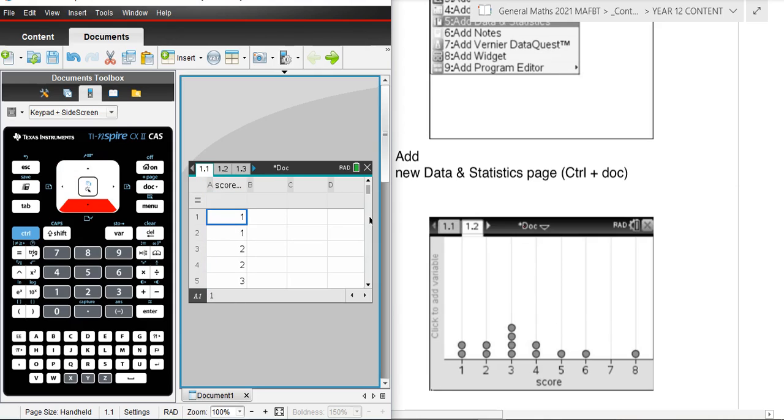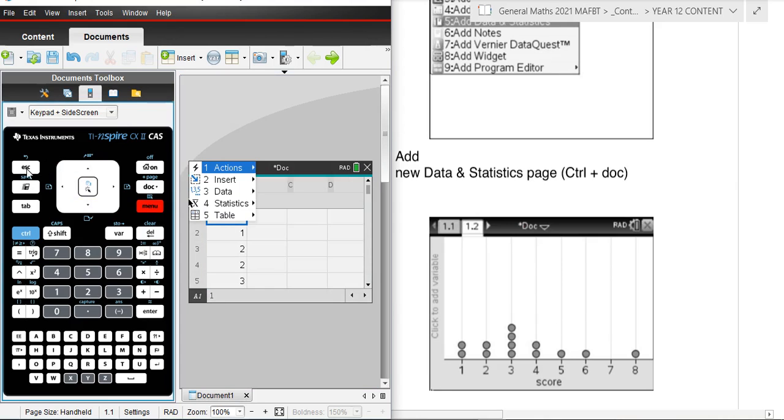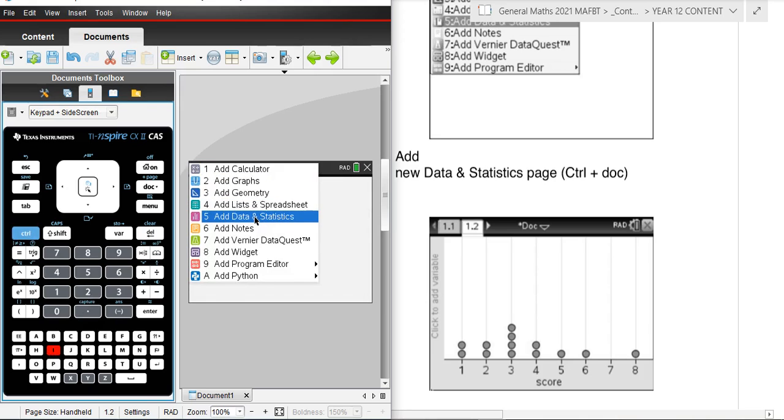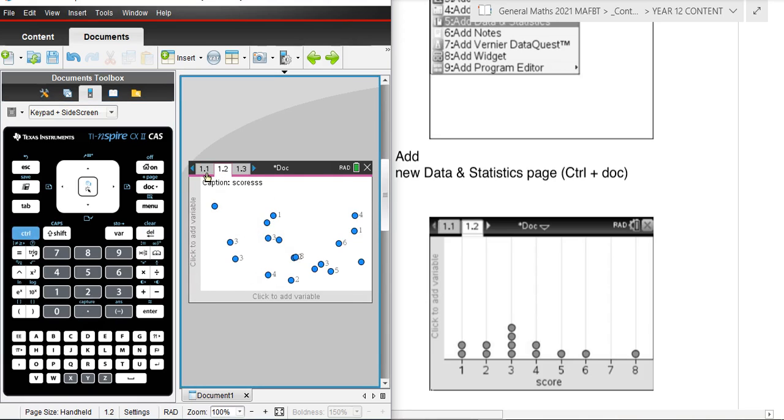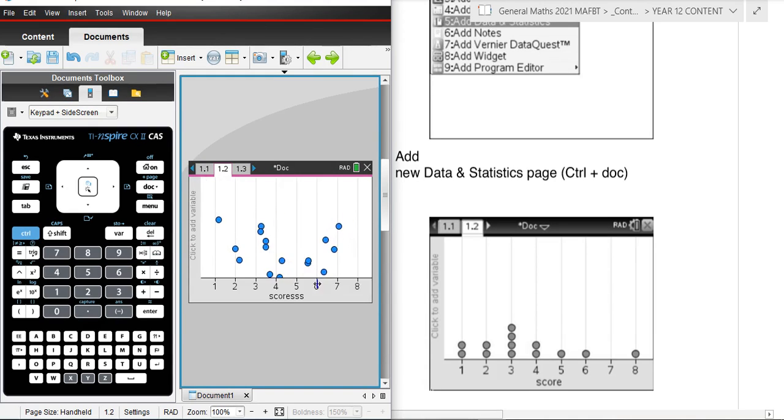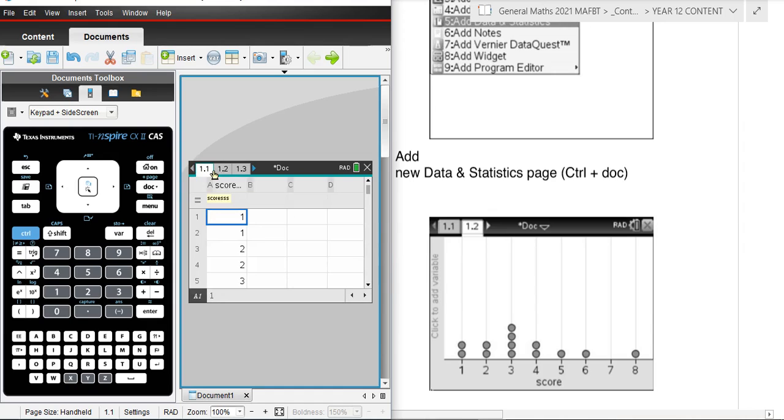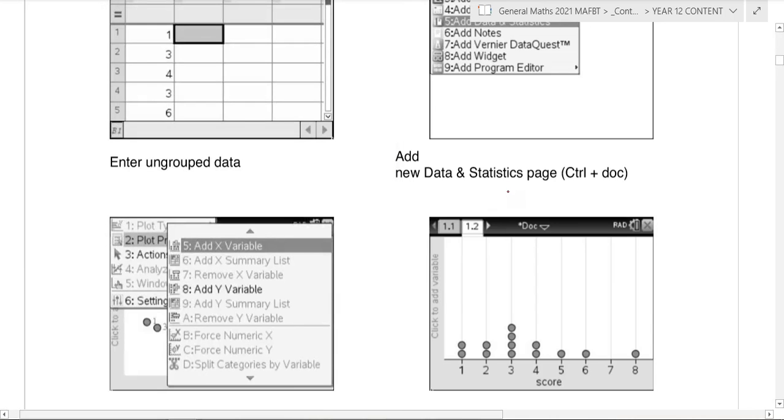From there you press Control I, and then you get data and statistics. If you've named your data, if you click down here on the x-axis, you should be able to pick it. So score, and there's my dot plot, same as this one. That's how you do a dot plot. If you've forgotten how to do that, go back and watch the video again.